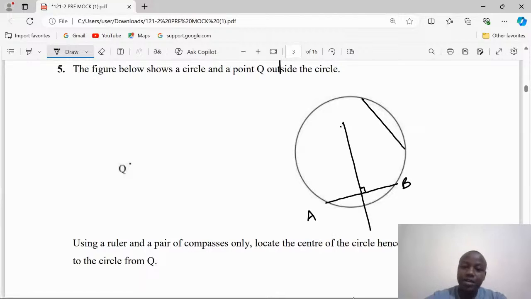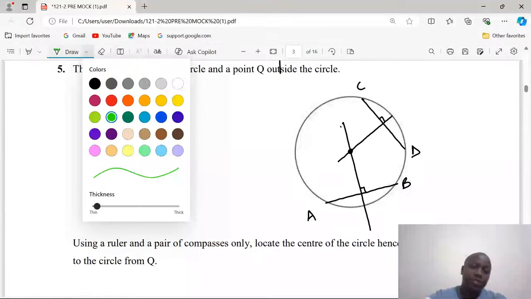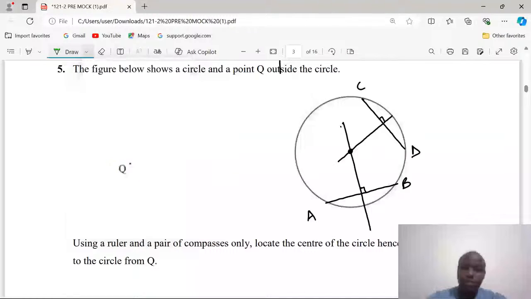If this chord is bisected perpendicularly, then the bisector for such a chord will pass through the center. So we have now identified the center O.